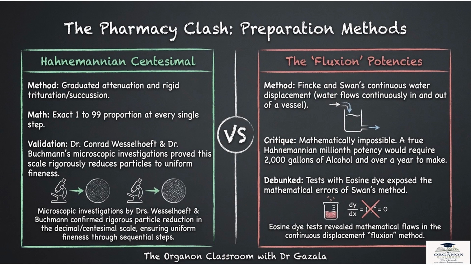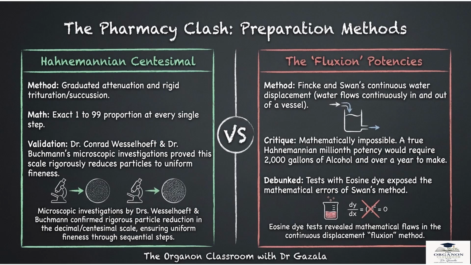It has been validated by Dr. Conrad Wesselhoeft and Dr. Buchmann's microscopic investigations, which prove that this scale rigorously reduces particles to uniform fineness. Uniformity comes in, because the medicine has to act in every manner, right?